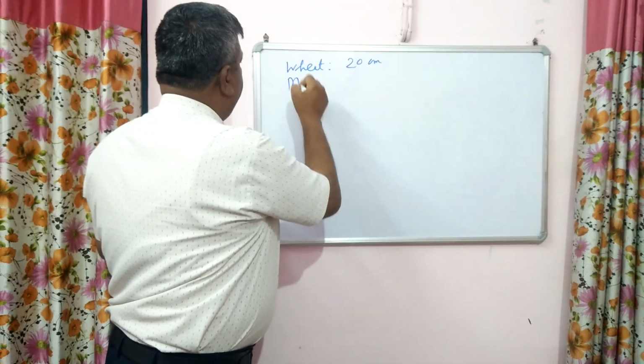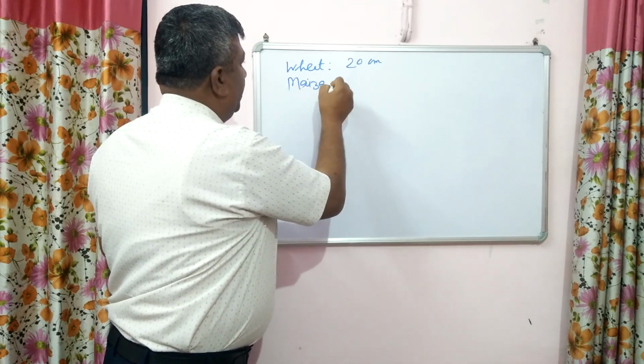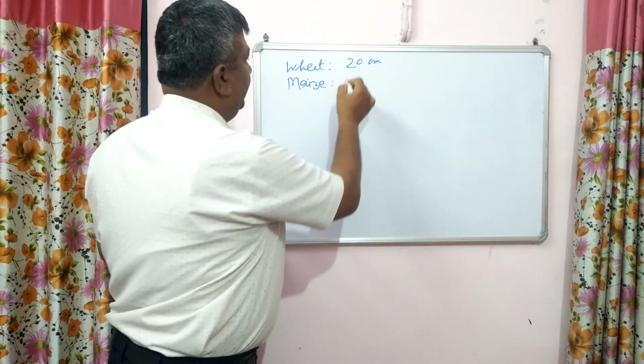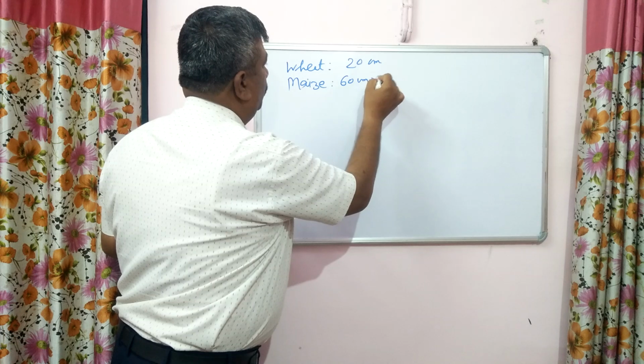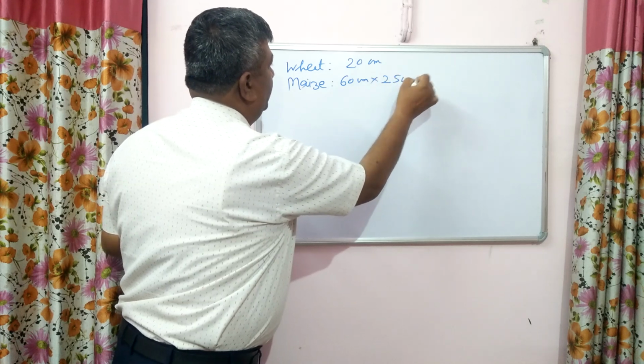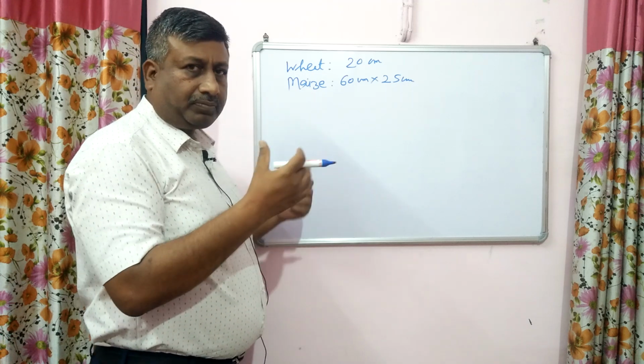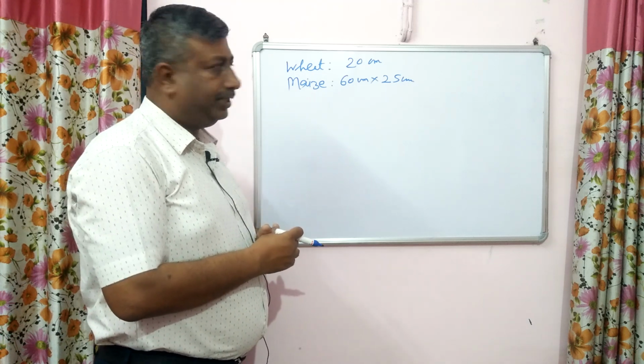In other crops, for example maize or cotton, row to row spacing and plant to plant spacing are both maintained. Suppose it is 60 centimeter row to row and plant to plant spacing is 25 centimeter. In such a case, the plot size will be different.